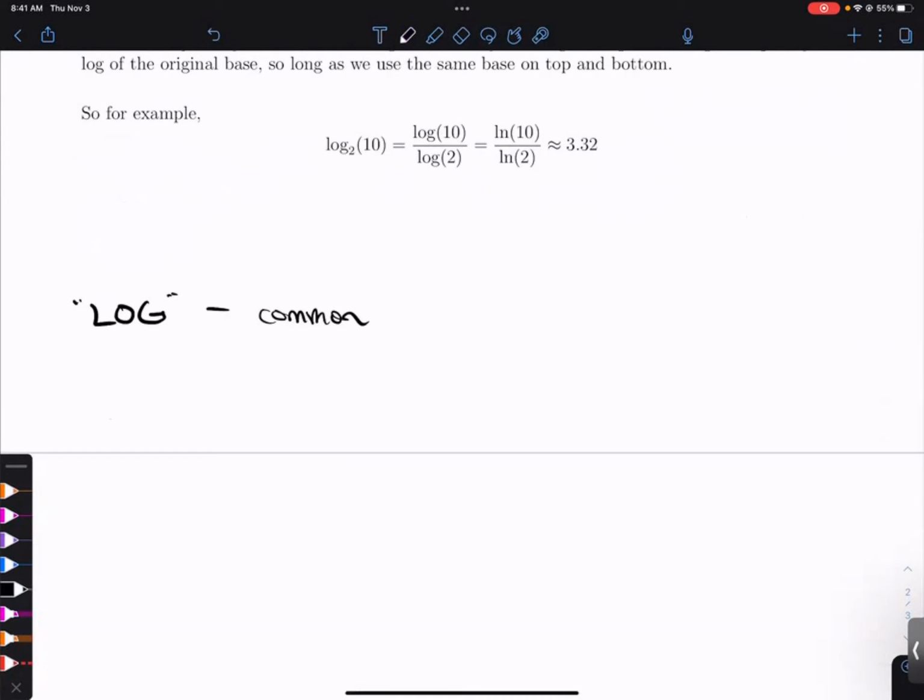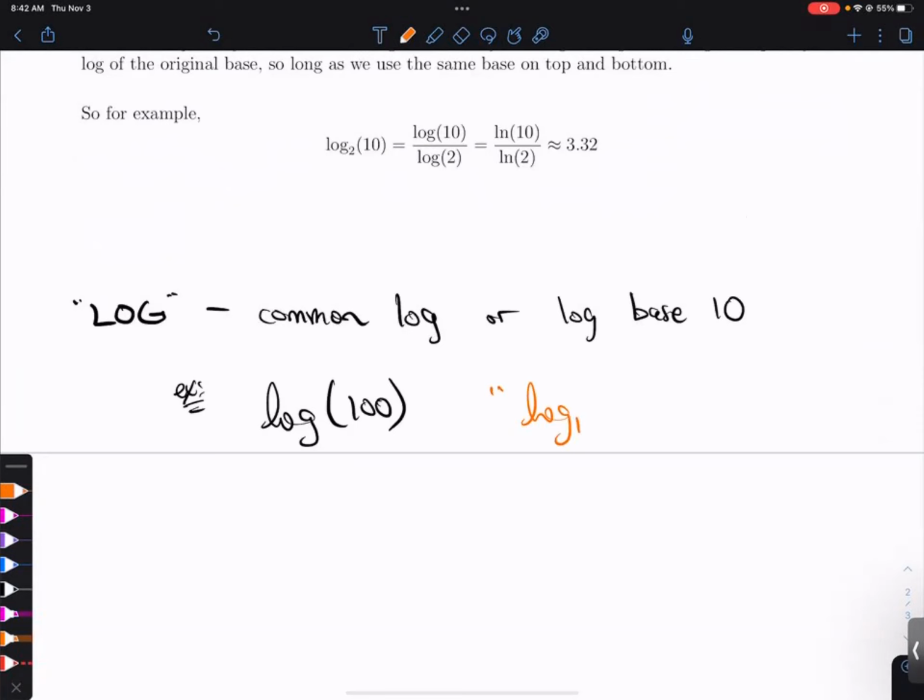Log with no base written means the common log, or the log base 10. So if we write the log of 100 with no base written, what that really means is the log base 10 of 100.